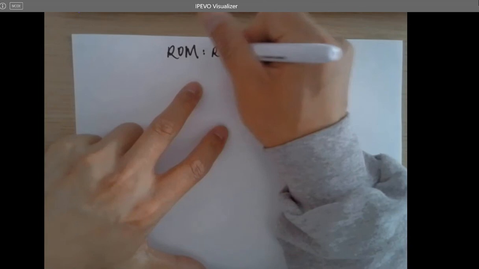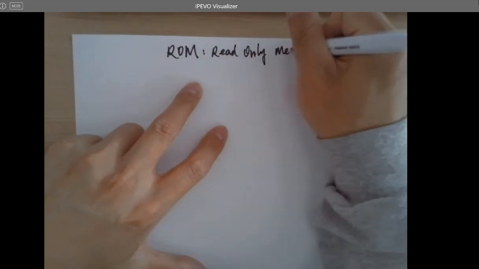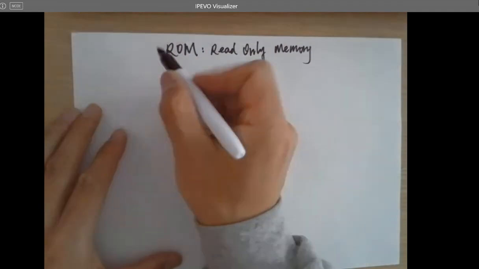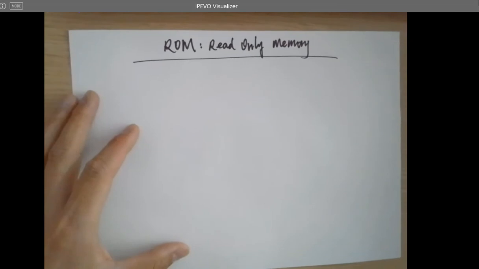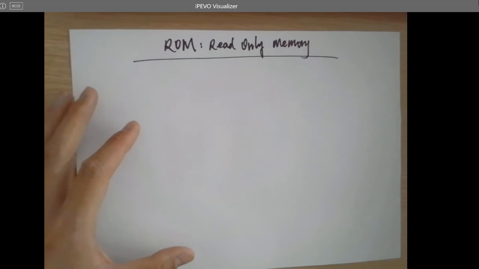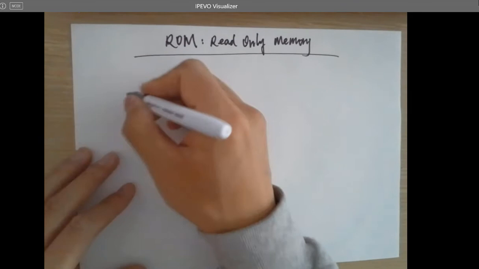Read only. So the ROM is the first VLSI circuit I have drawn in Electric VLSI 10 years ago. It's pretty simple. So we need a decoder.